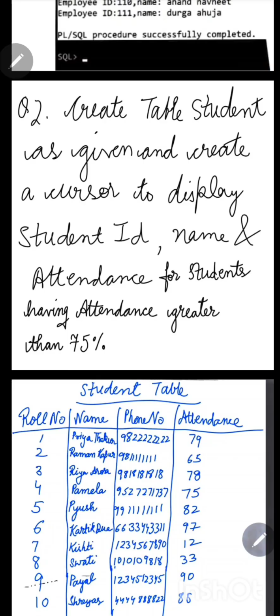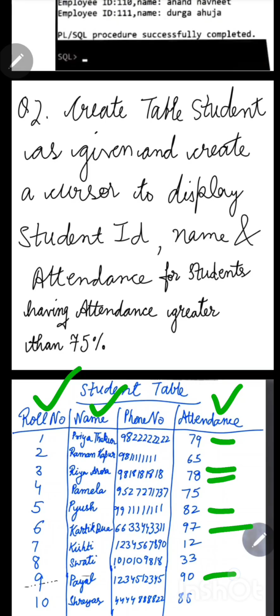So how will we get the ID, name and attendance for the students having 75% and above? For that, we can simply give a select query. Using select, we can select the roll number, the name, and the attendance of those students who have attendance greater than 75. So which rows can be selected? This one is greater than 75, this, and then this and this.